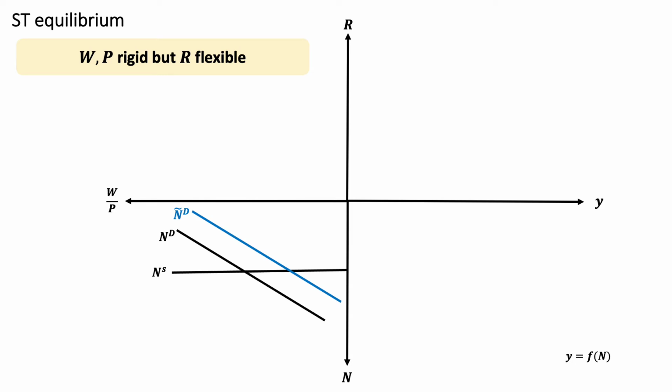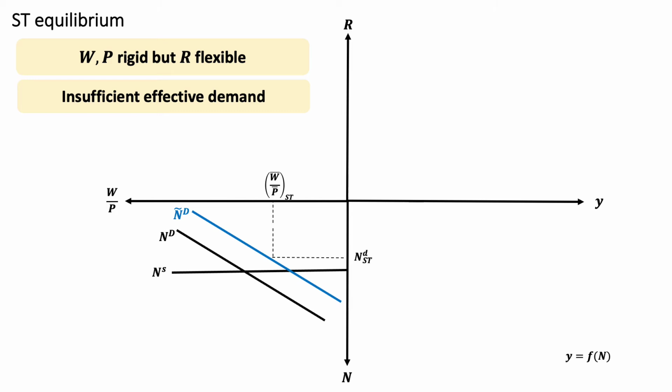We suppose that the goods market is in a situation of excess supply due to an insufficient effective demand. We also suppose that the labor market is in excess supply. There is unemployment.